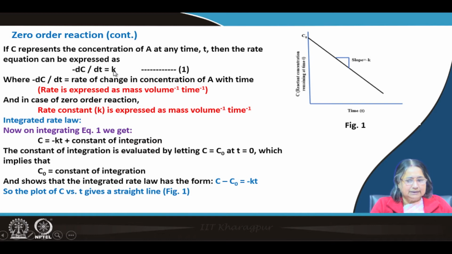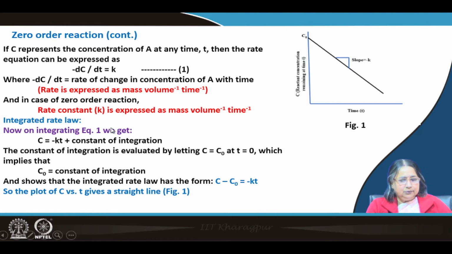But the rate constant, in this case, is the same as the rate. So, for zero order reaction, the rate constant is expressed in the same unit as we express for rate. Okay. Now, the integrated rate law is easier than the differential rate law to visualize and to apply.